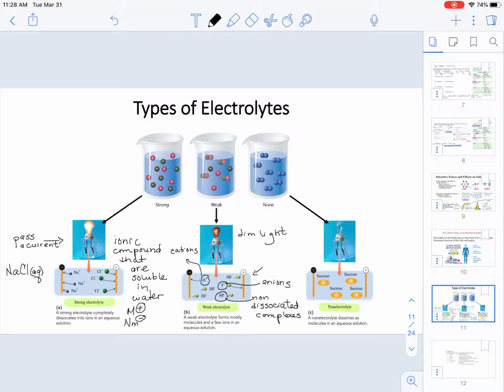Going back to the non-electrolytes, remember, these are compounds that do not separate into ions. So they stay as a whole. Interestingly, when you do the same experiment of passing a current, no light is shown.